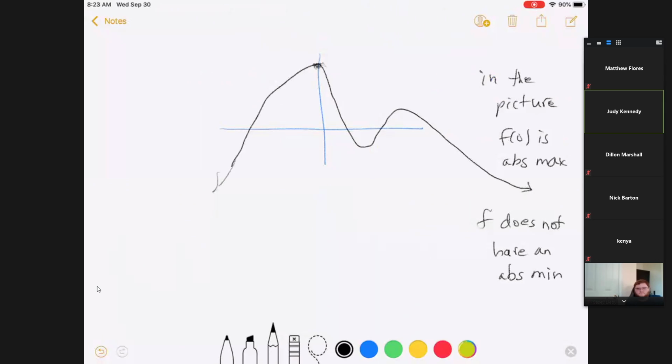But it has a local minimum right there. Call that number c. At c, f of c is a local minimum.